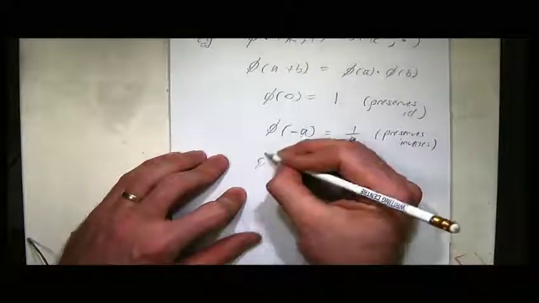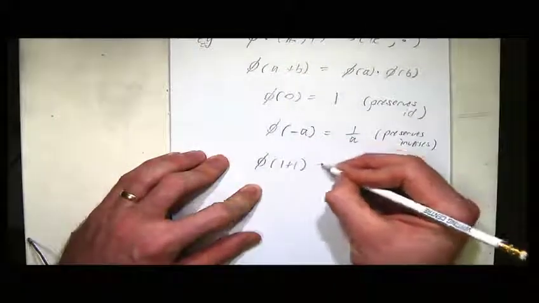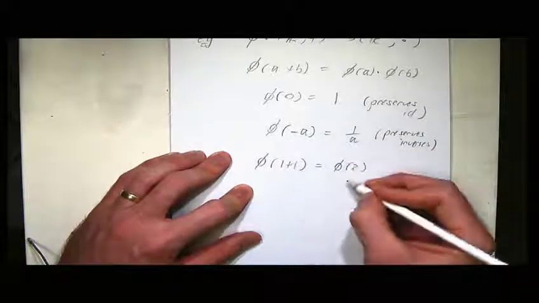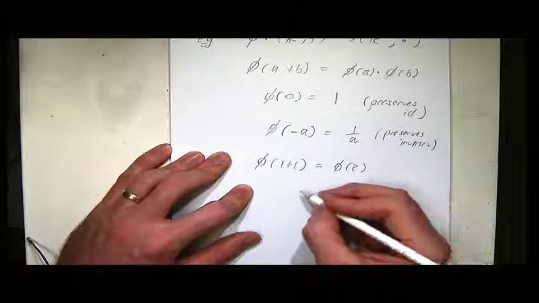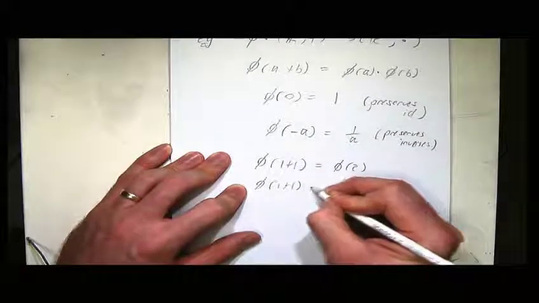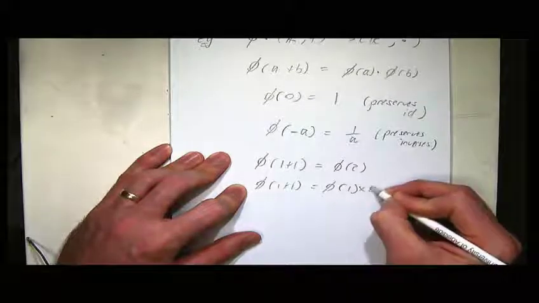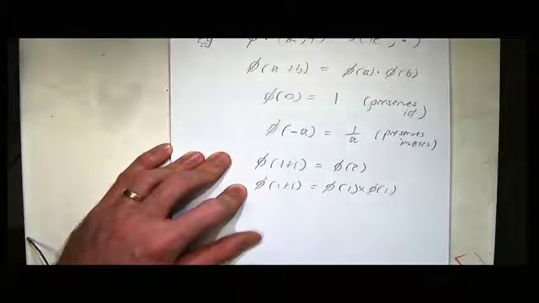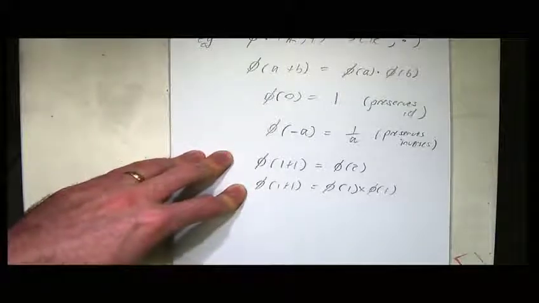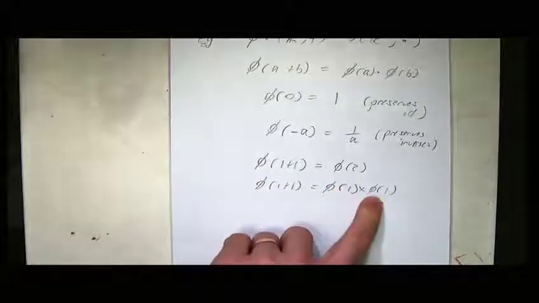You could start creating a list, therefore, of things that must happen. So you could start going, all right, phi of 1 plus 1 would be phi of 2, right? But it should also be phi of 1 times phi of 1.